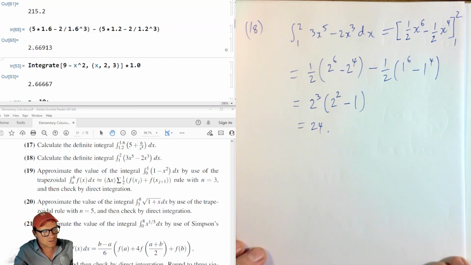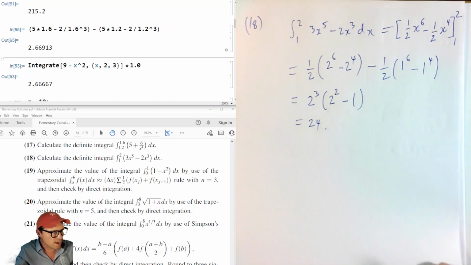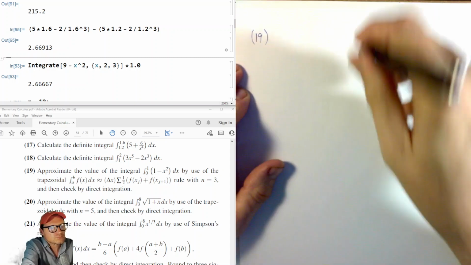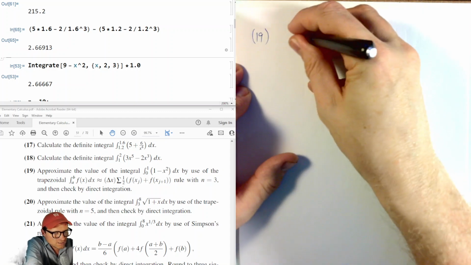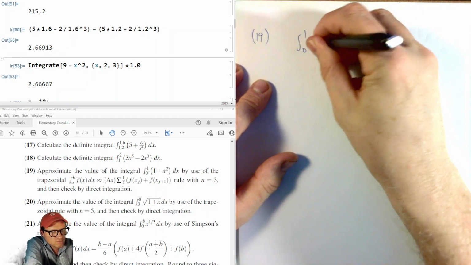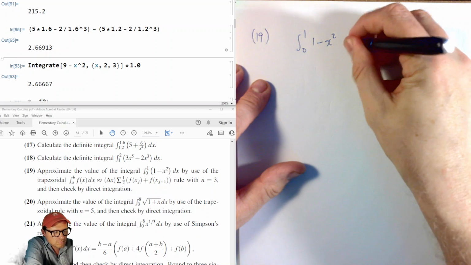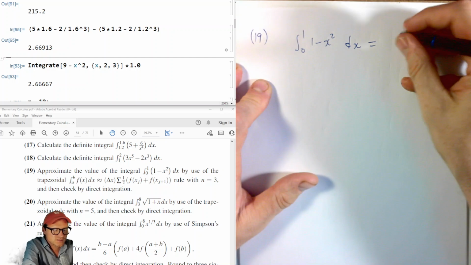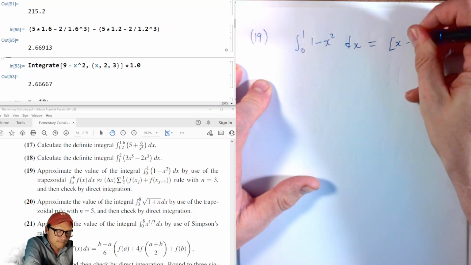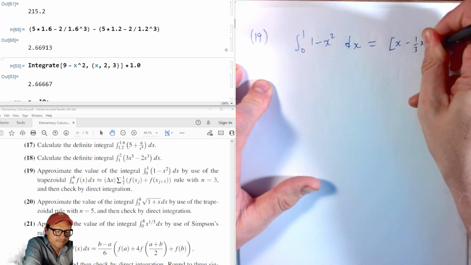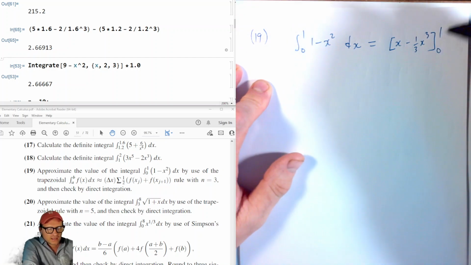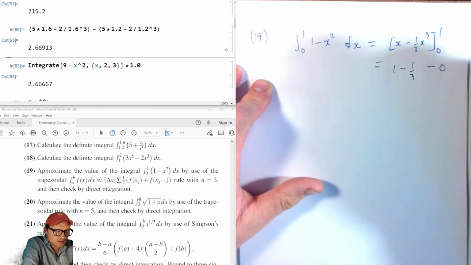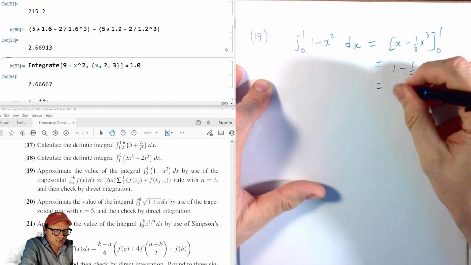All right, next one, we're going to use the trapezoidal rule. All right, so we're calculating the approximate area. And so let's do this exactly first. Okay, and so subbing the 1 in, we've got 1 minus 1/3. And so we're supposed to get 2/3.